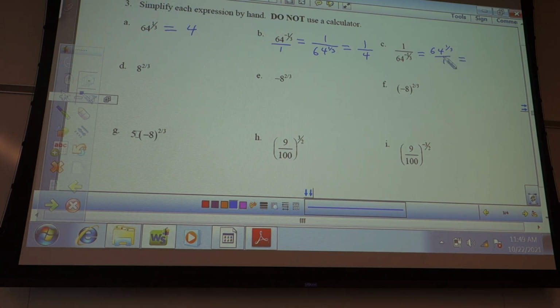Okay, if I move it to the other side, I get 64 to the 1/3 on top. But I already know 64 to the 1/3. What's 64 to the 1/3? 4. 4 over 1, which is just 4. Great. Now let's take a look at E.